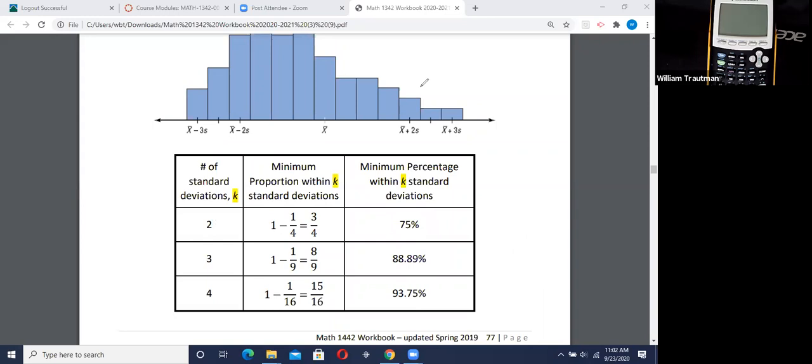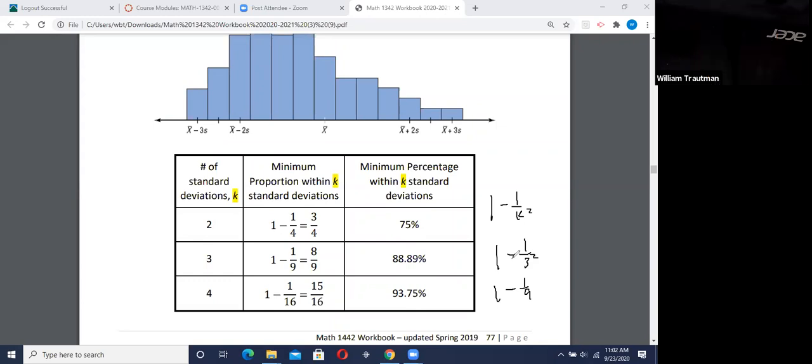If I put 3 standard deviations in the formula, 1 minus 1 over 3 squared, 1 minus 1 over 9, I put 1 minus 1 divided by 9 in my calculator and get 0.88888.